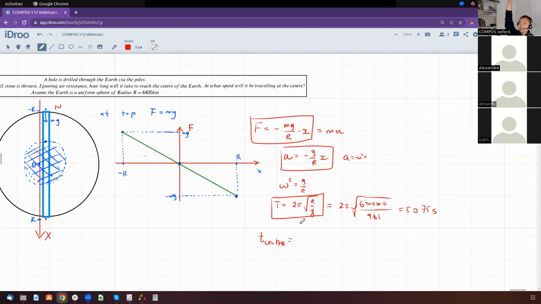So if you start at the top, go to the center. Yes, Alexander, thank you. It's T/4. Of course, it's a quarter of the time period. It takes about 5,075 divided by 4, 1,270 seconds.